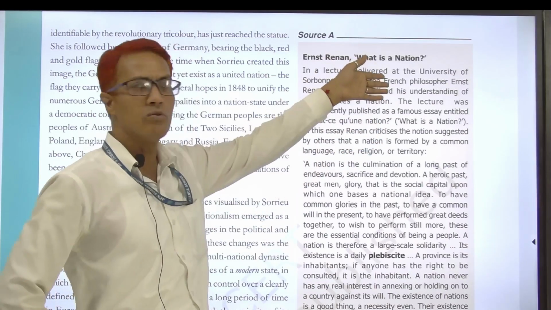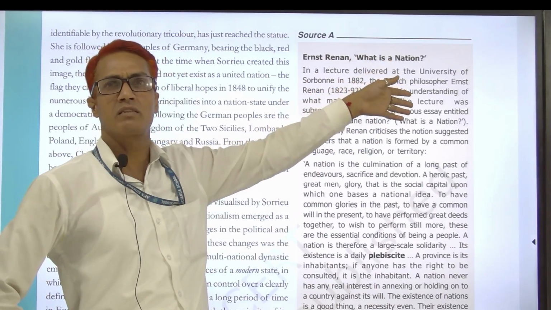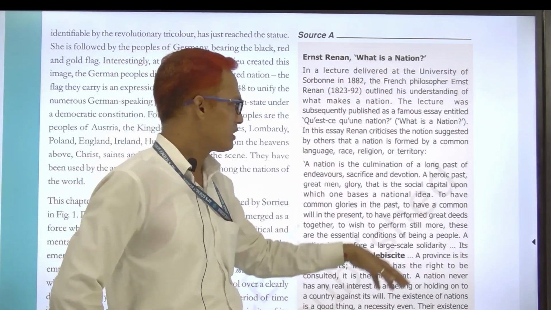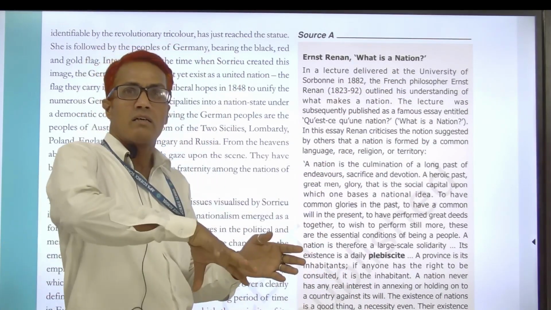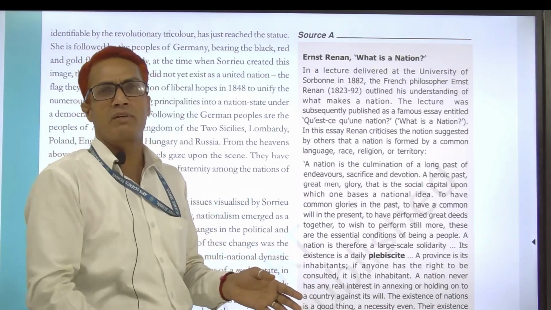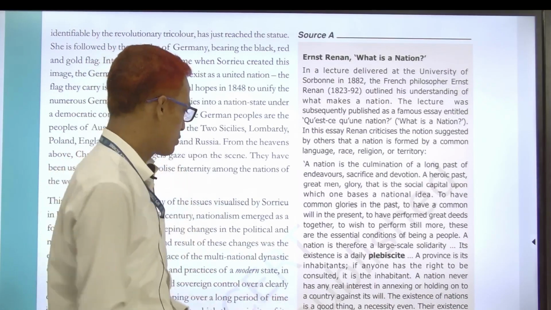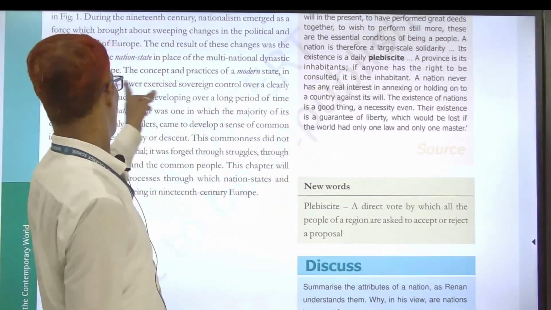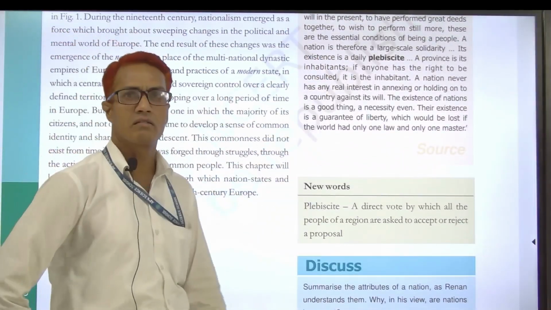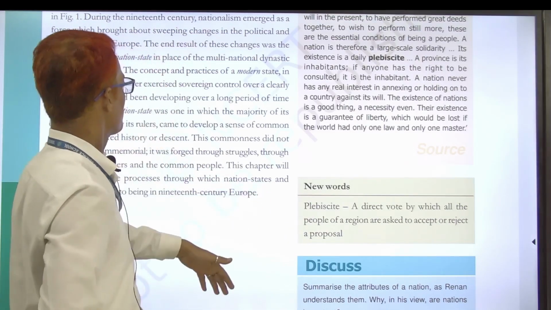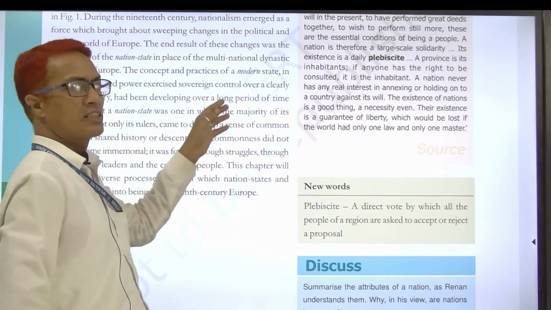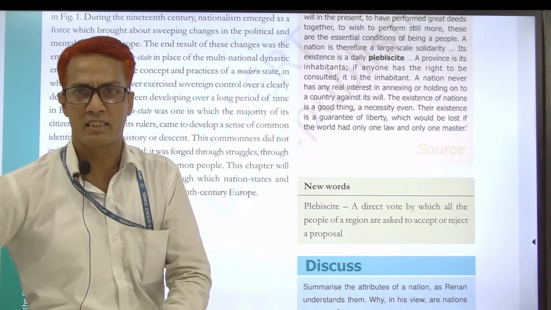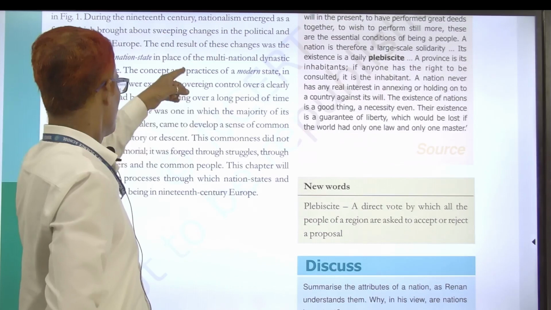So how was he famous in books and other things? Because he modified the definition of nation state. In your book, one type of definition is given in this paragraph about this new modern type of state that we call the nation state.